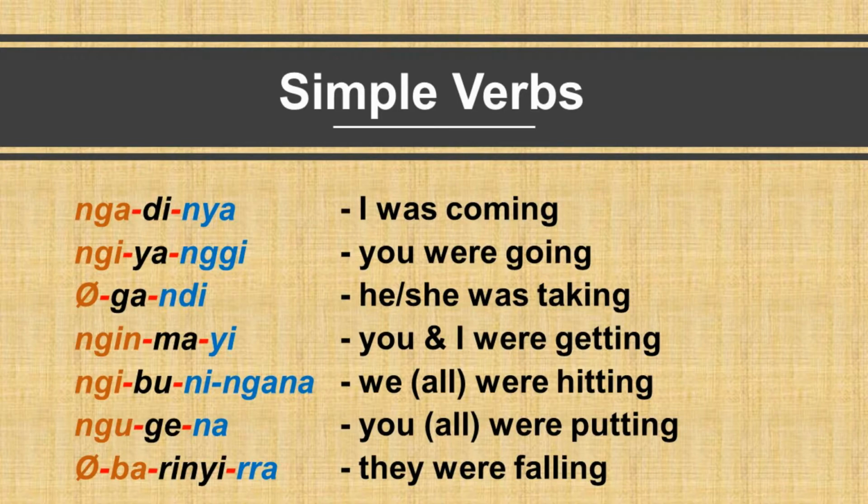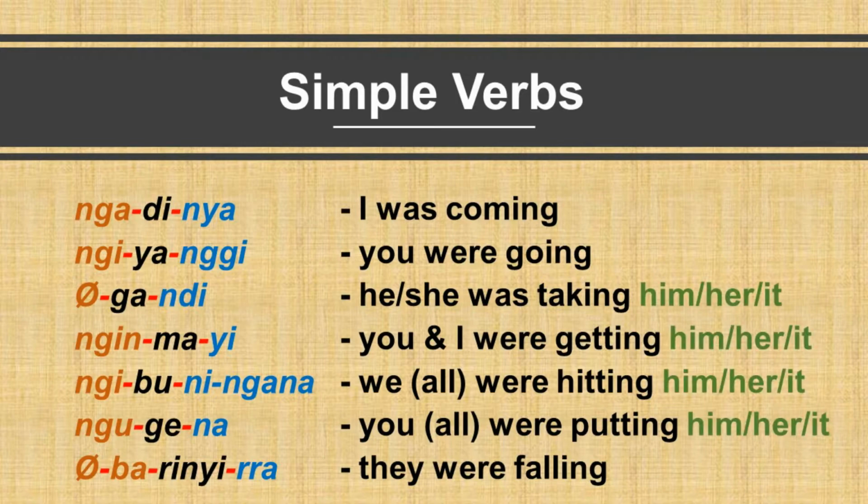So taking what? The interesting thing here is in Wagiman this is already implied. You don't need to add it or him or something, because for the transitive verbs the object is already there in the sentence, but it is just not written, it is simply implied. So when you say Gandhi, it already means he or she was taking him or her or it.